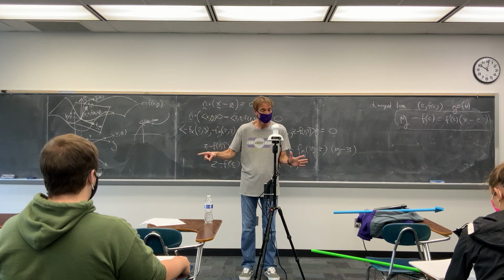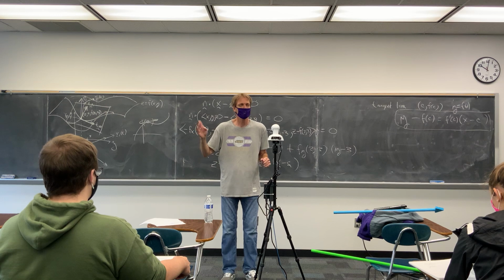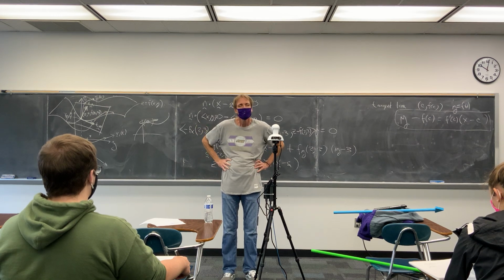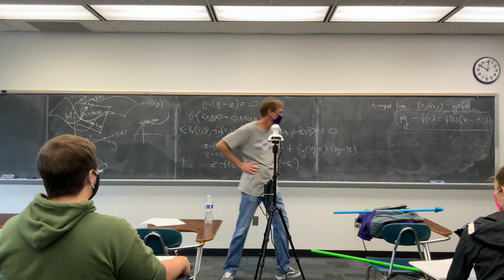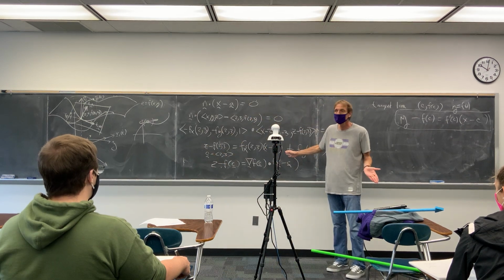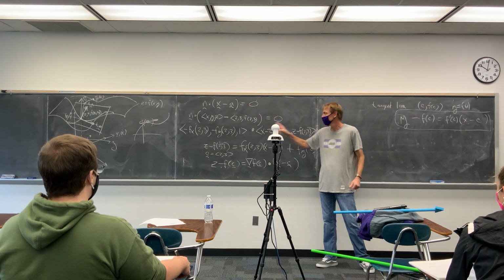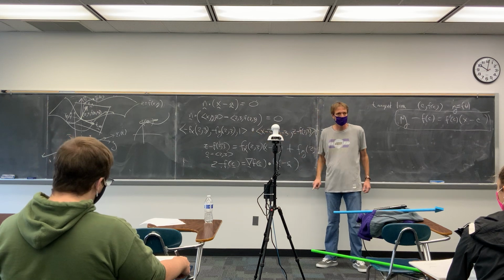Are you done? No. Plus the partial derivative with respect to y times y minus 3. And if somebody asks where the plus comes from, you tell them it's coming from the dot product.